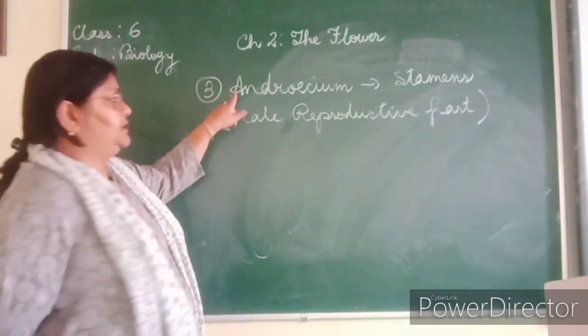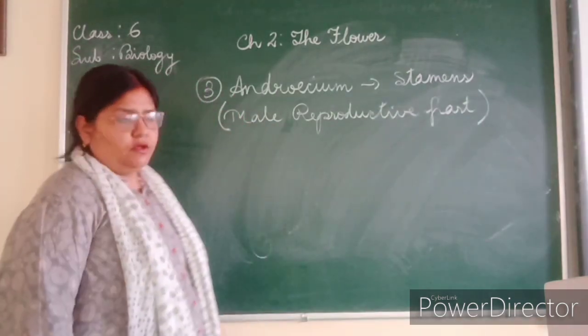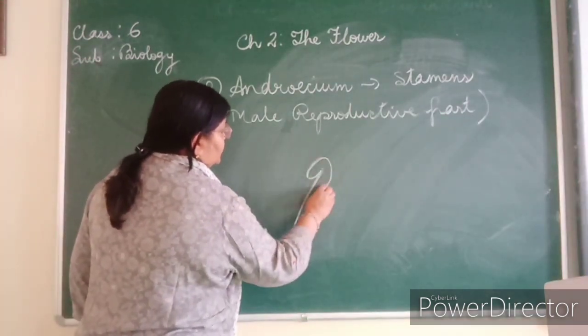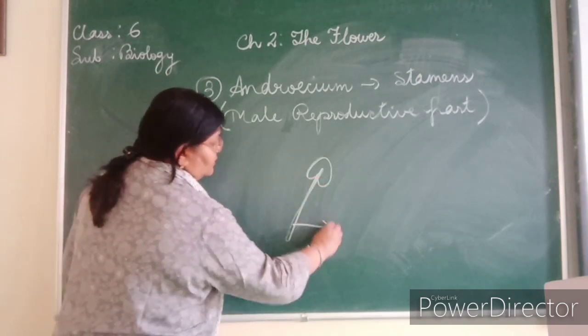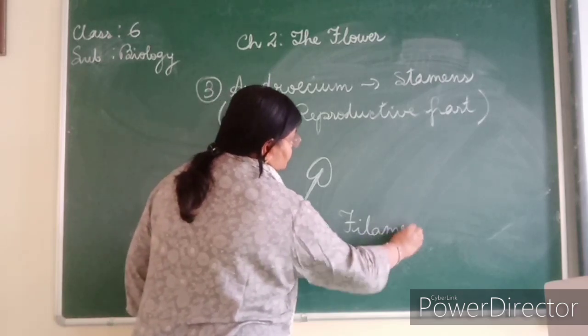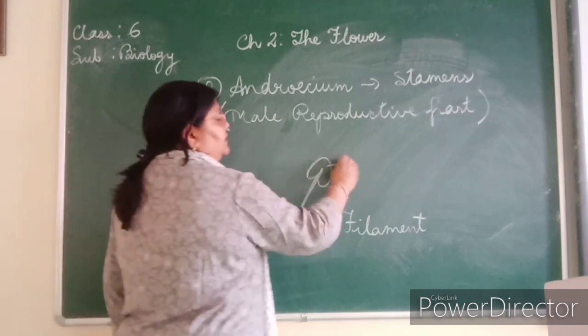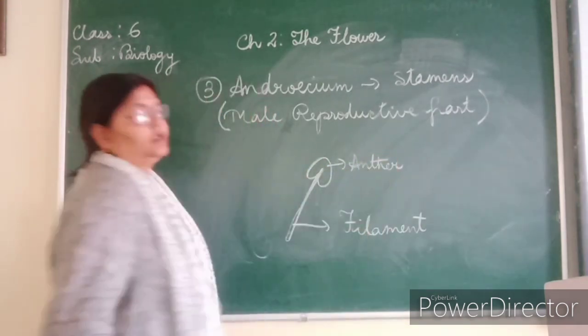Why do I call it the male reproductive part of the plant? This is because it is made up of a thin filament, and a bilobed head called the anther.